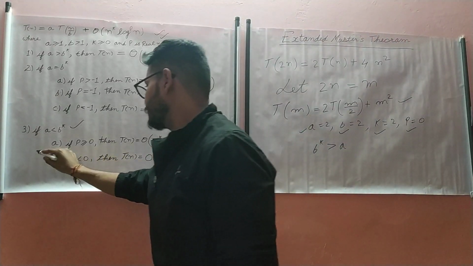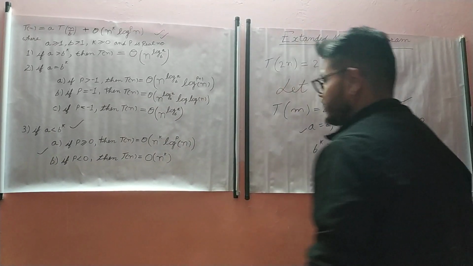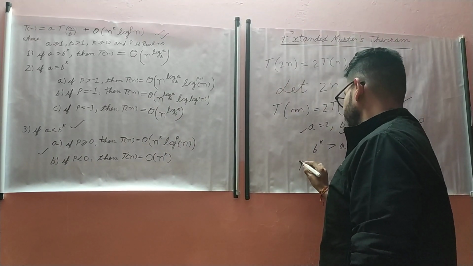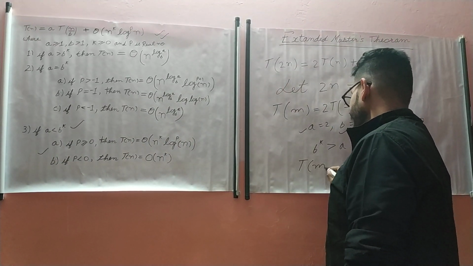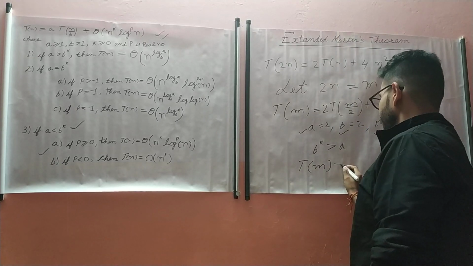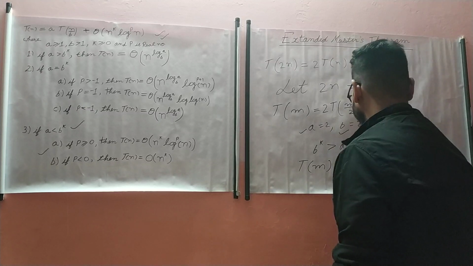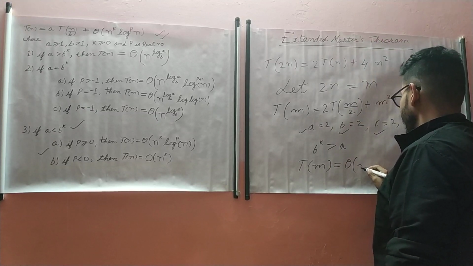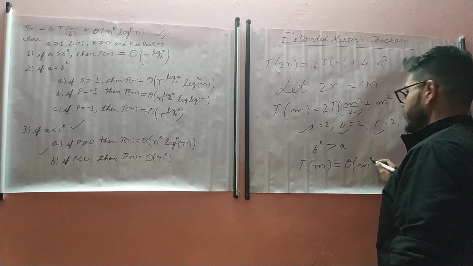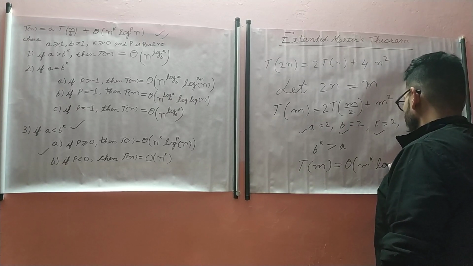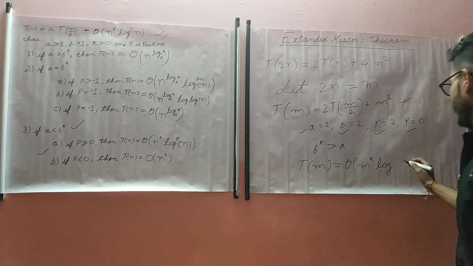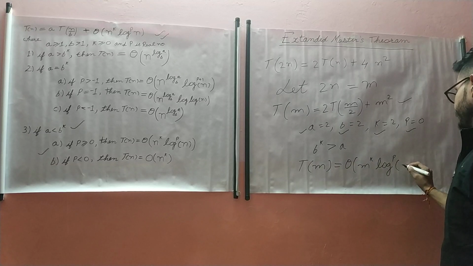So T of m equals theta of m power k log power p m.